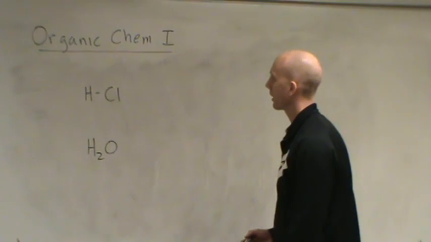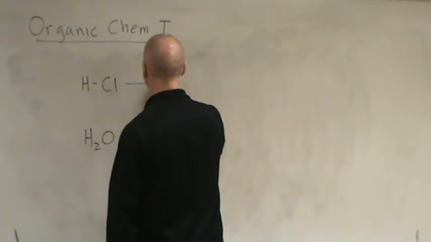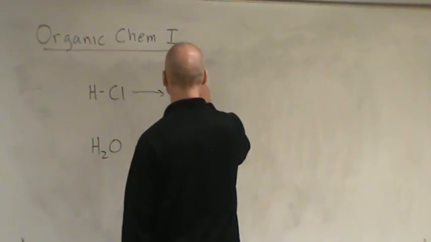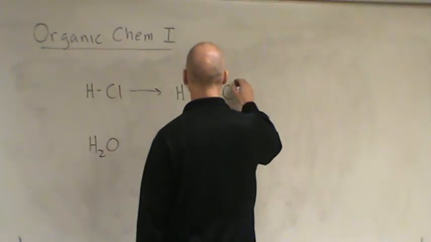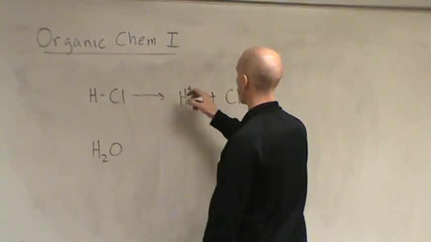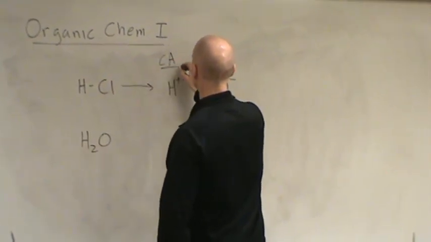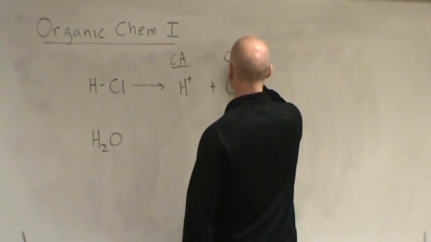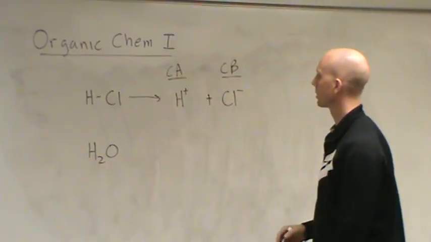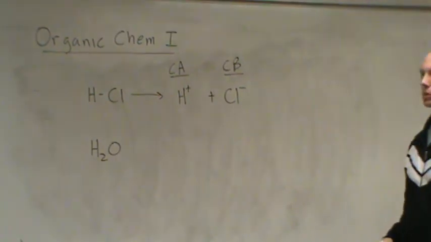If I were to take HCl and break it down to its conjugate acid and its conjugate base, we would get these two here.